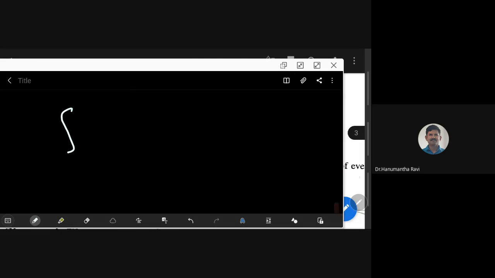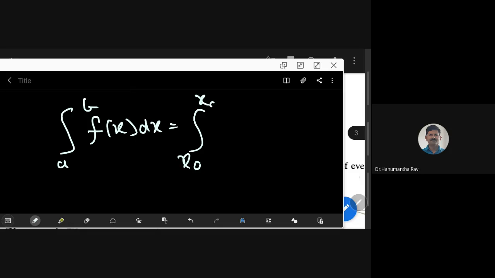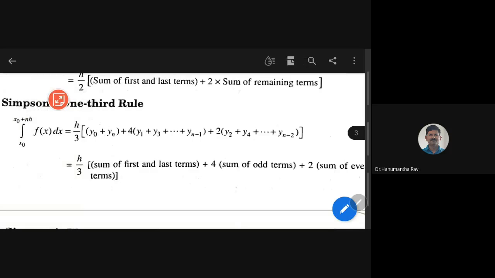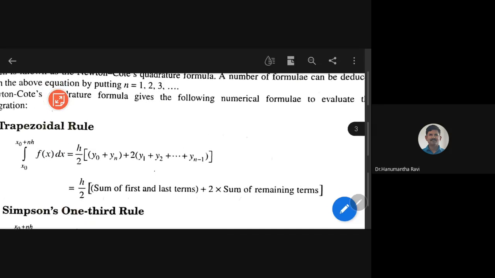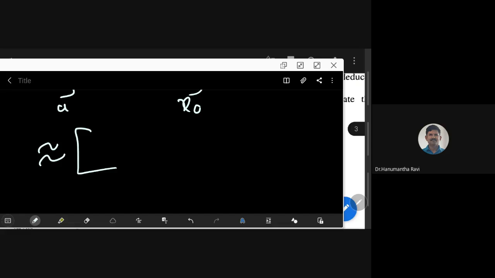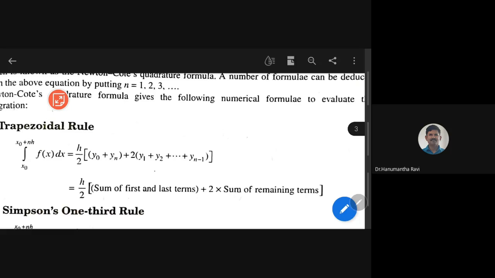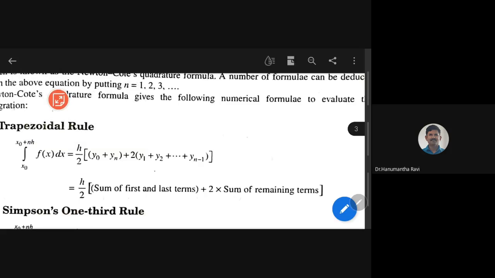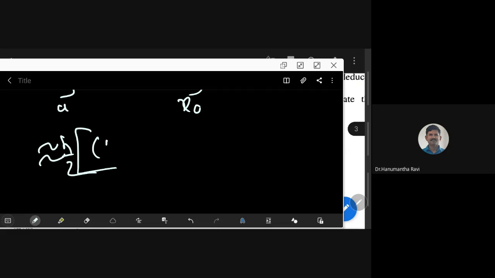Now this integral value, that is this. So what the trapezium rule says: integral from a to b of f(x) dx, that is x0 to x0 plus nh of f(x) dx, is approximately equal to h by 2 into the sum of the first and last terms, y0 plus yn, plus 2 into the remaining terms, that is y1 plus y2 up to yn minus 1.